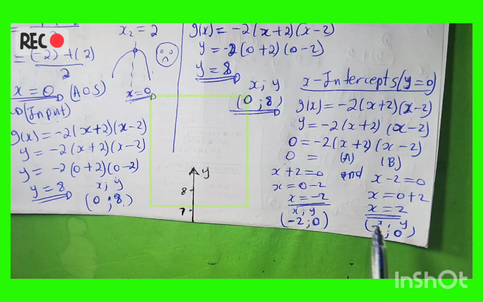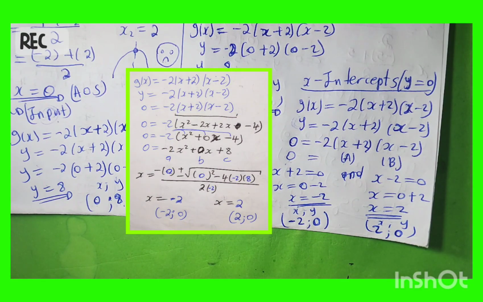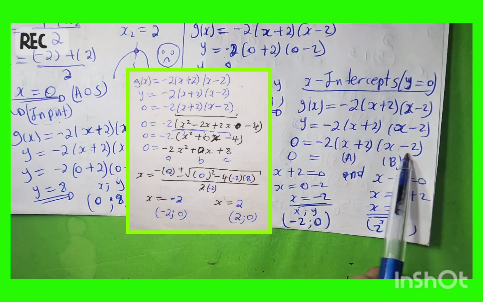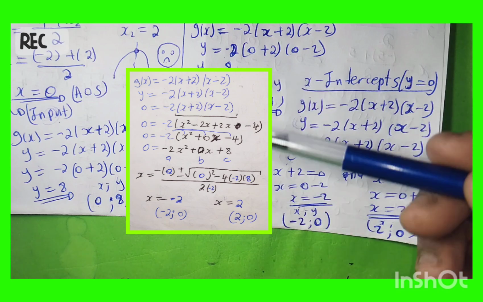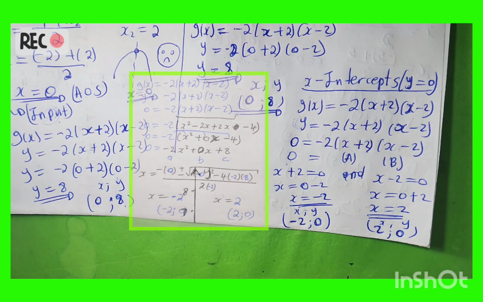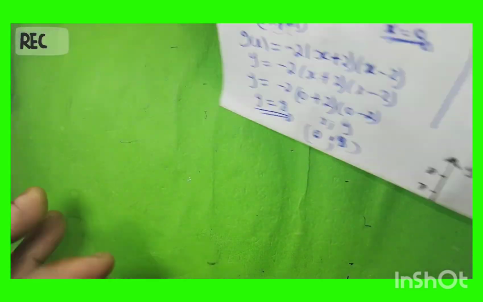Someone else can even expand this and use a quadratic equation, which is not wrong. You can expand this and get a quadratic equation. Look here. Do you see? You can use it like that. It's not wrong.